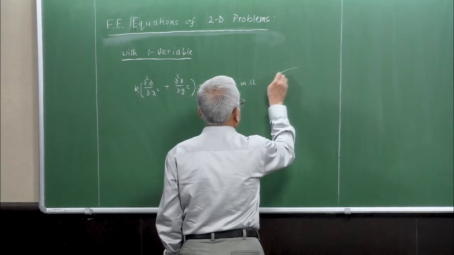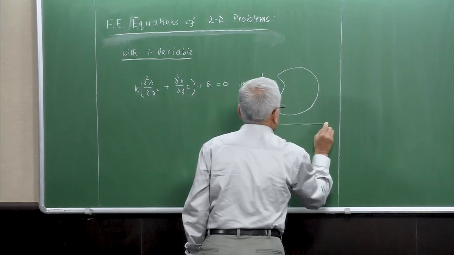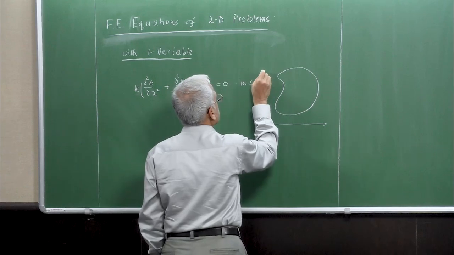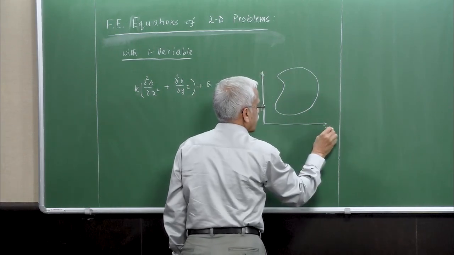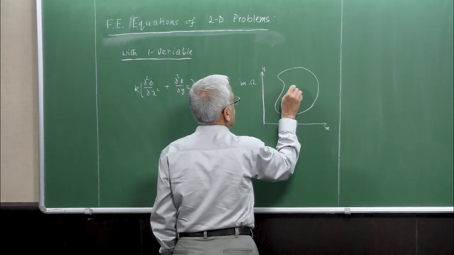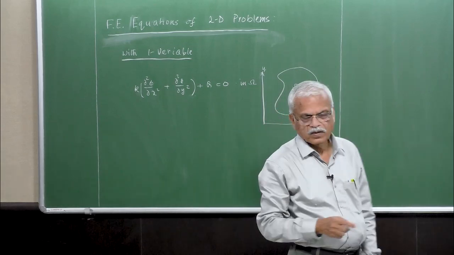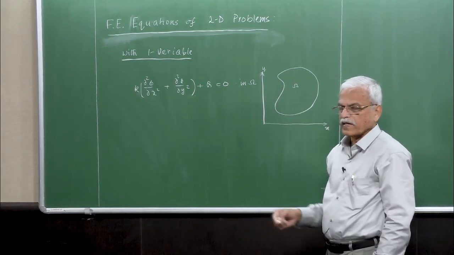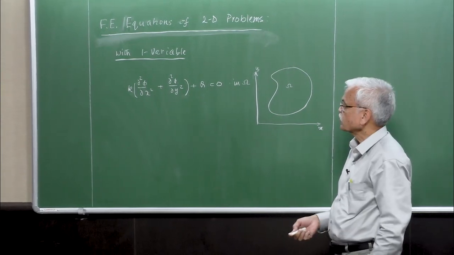And this is the domain. So this, we have been seeing it again and again, where phi is just one variable and a function of x, y.